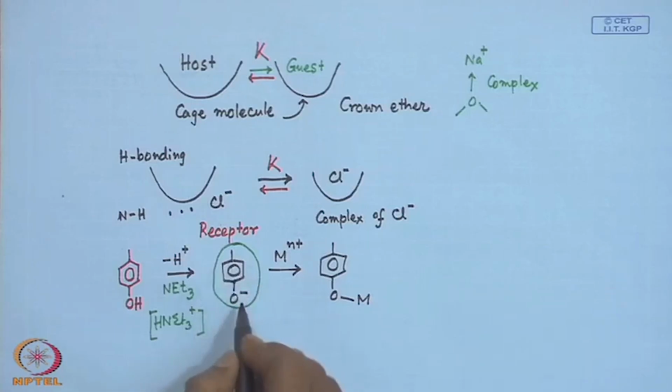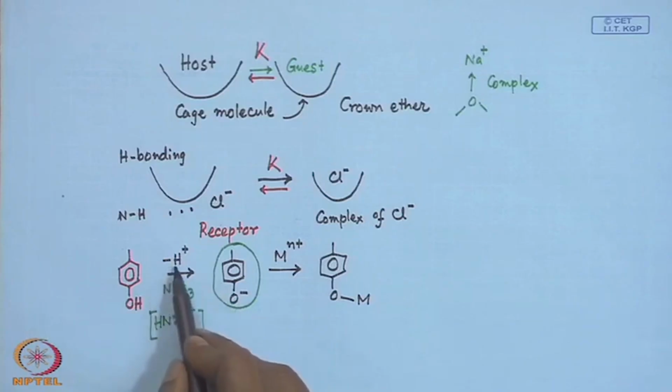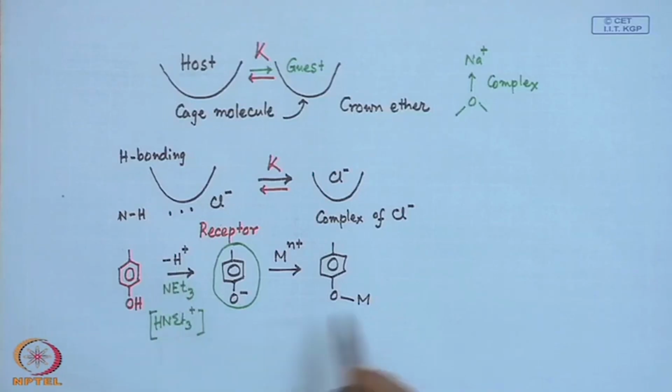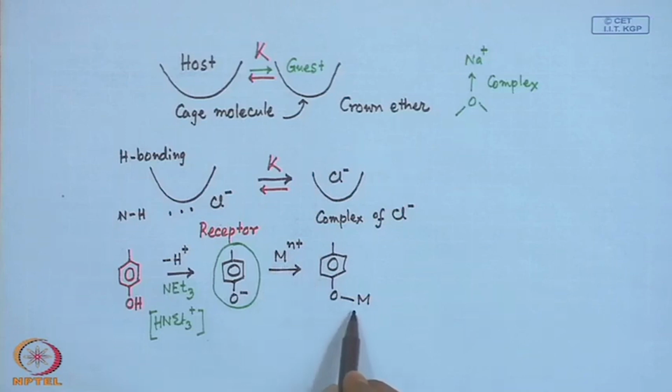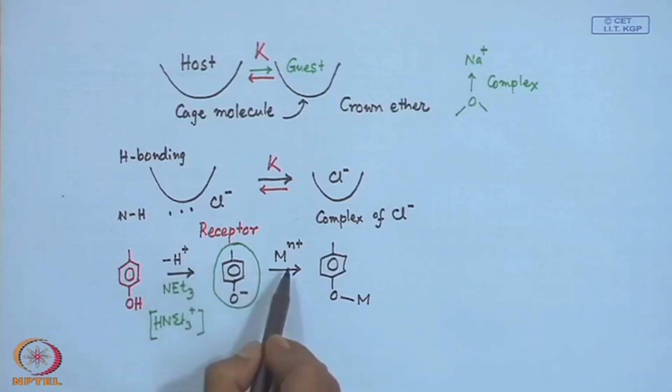So, there will be no competition for this phenoxide ion to bind with the proton which was originally bound to the system, because it has already been taken away by the triethylamine molecule. So, in that case only the added metal ion Mn+ can bind to the ligand system, forming one M-O bond from the phenol unit. In that case we cannot have the competition for the L species for both H and M.